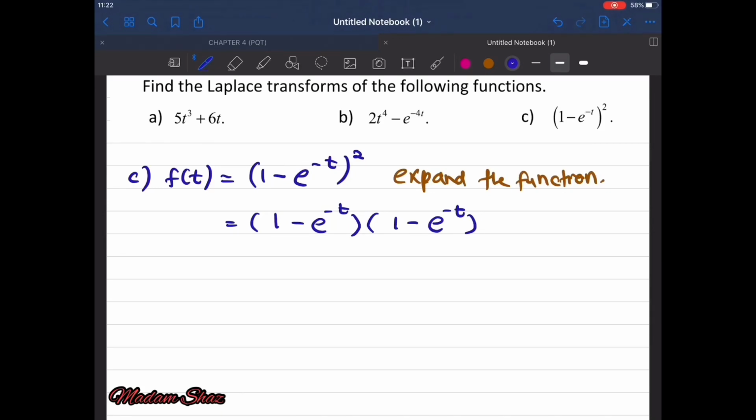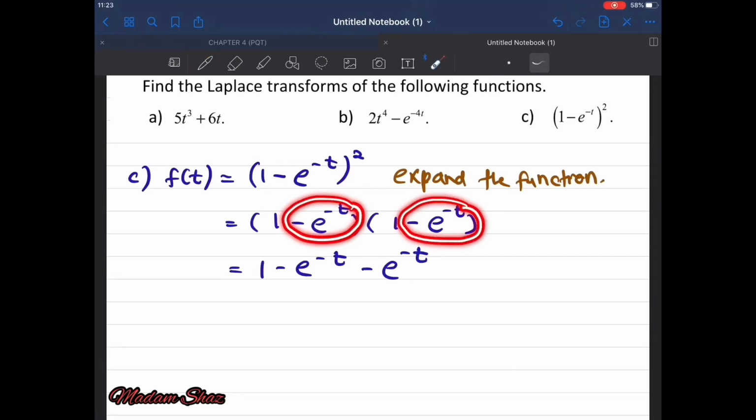So now expand the function. 1 multiplied with 1 will become 1. 1 multiplied with e to the power of negative t will become negative e to the power of negative t. Negative e to the power of negative t multiplied with 1 will become negative e to the power of negative t. Then e to the power of negative t multiplied with e to the power of negative t, negative and negative will become positive.